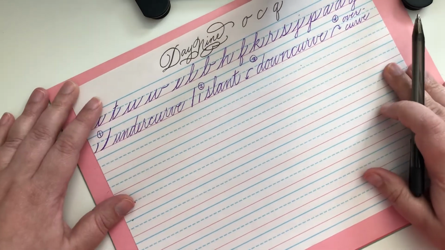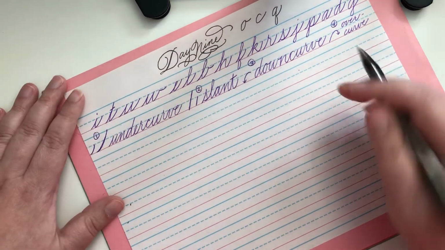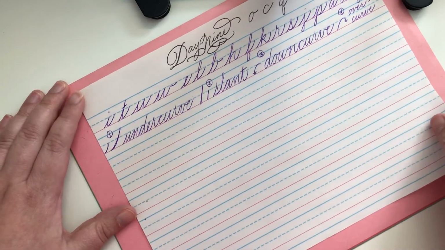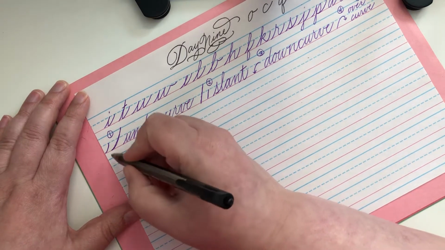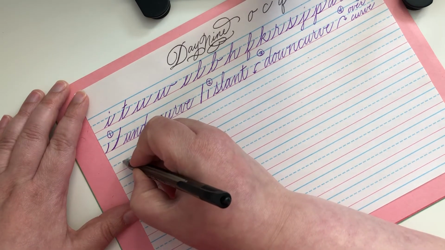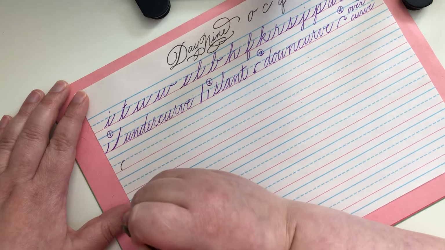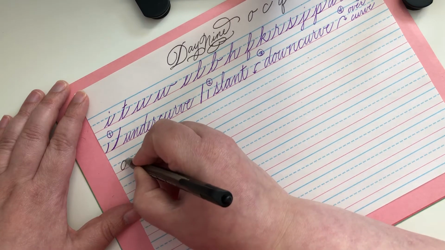Okay, slant your paper, hold your pen, have some padding, and let's start with our O. It's a down curve and then an undercurve.